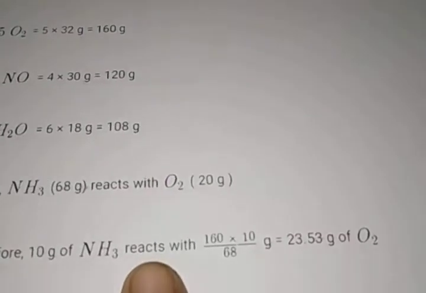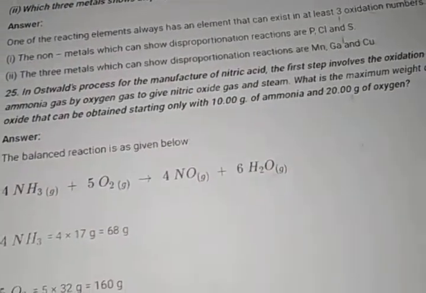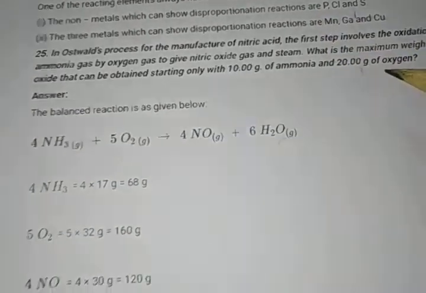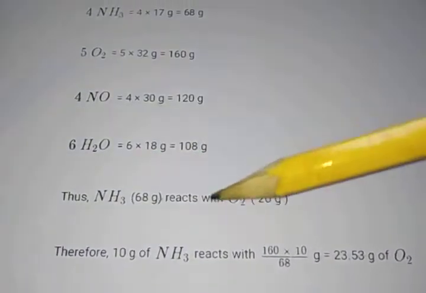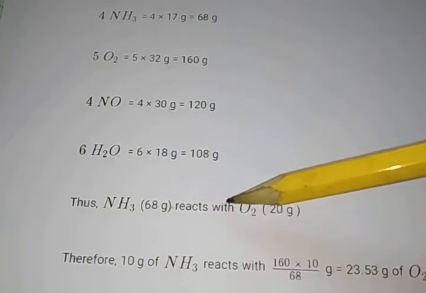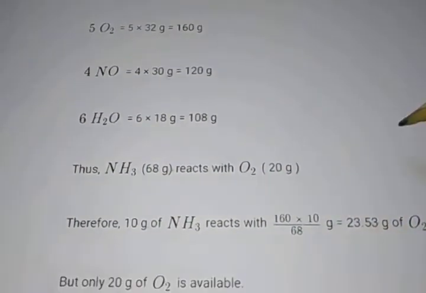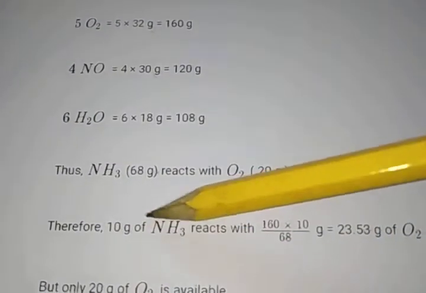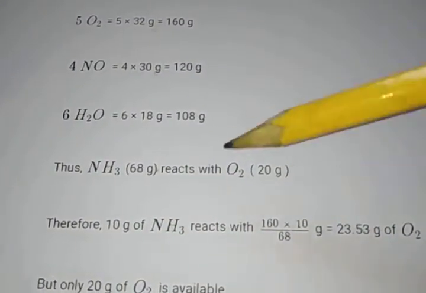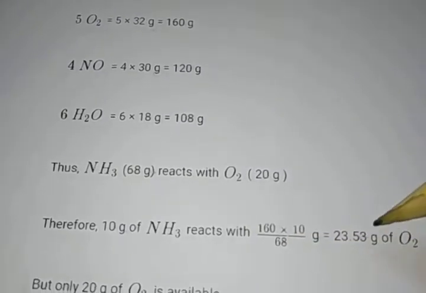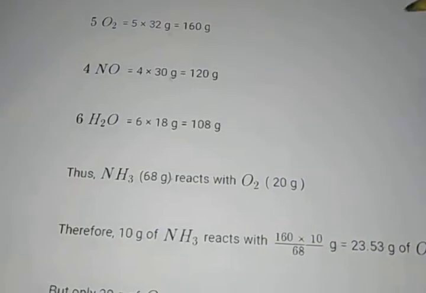In the question, 10 gram of ammonia and 20 gram of oxygen are given. So here ammonia 68 gram, its molecular mass, reacts with 160 gram O2. So 10 gram of ammonia reacts with 160 multiplied by 10 divided by 68, so 23.53 gram of O2.